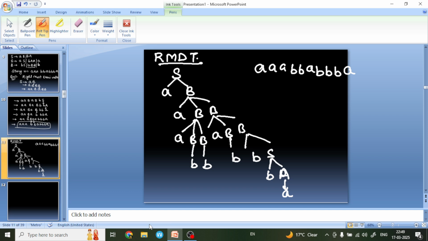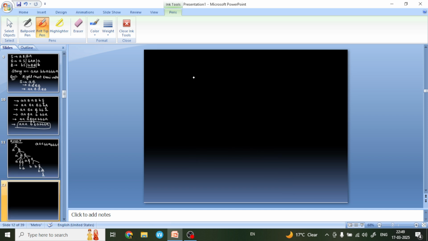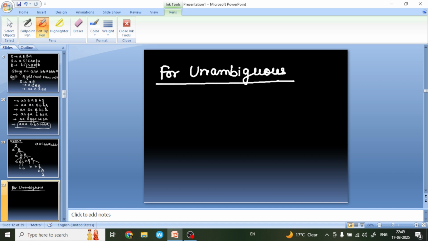You should keep in mind that for unambiguous grammars, leftmost derivation and rightmost derivation represent the same parse tree. For unambiguous grammar, the leftmost derivation tree and rightmost derivation tree are the same.